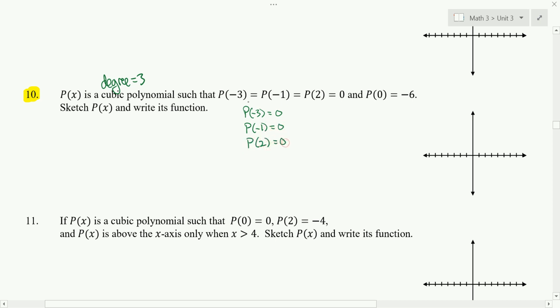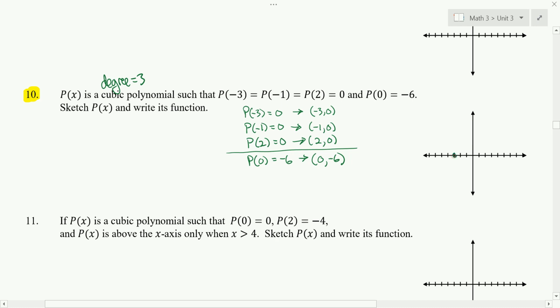If we split it up, all three of those are equal to 0, and those are just giving you coordinates. So the first one gives you -3, 0, second one gives you -1, 0, and third one is 2, 0, and you see each of these are your x-intercepts. And then we also have p of 0 is -6, which gives you a fourth point at 0, -6, and that's your y-intercept.